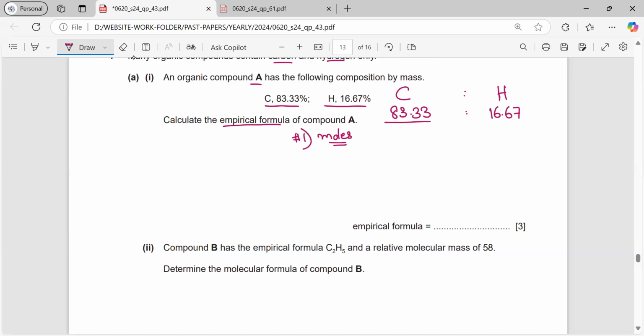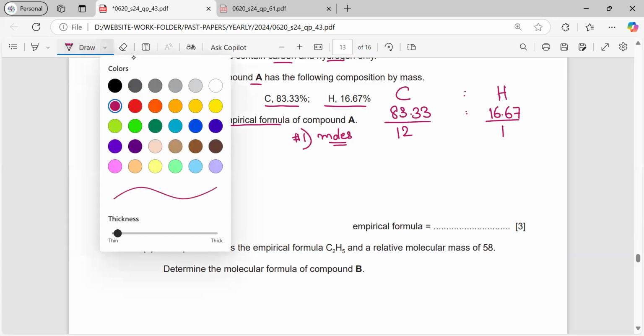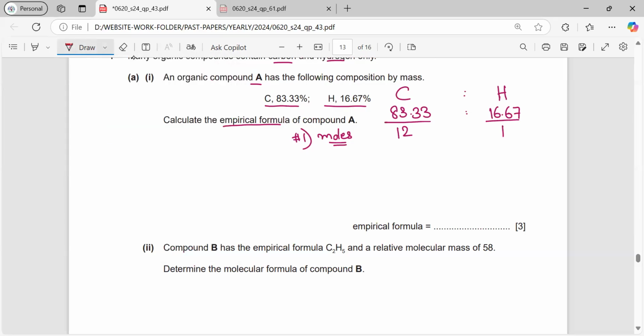For carbon, we'll divide it by the molar mass or atomic mass. Carbon 83.33 divided by 12 and hydrogen 16.67 divided by 1, which makes carbon 6.94 and hydrogen 16.67.